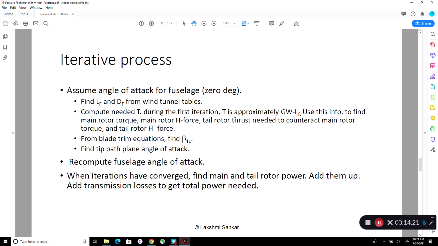So once you know the tail rotor thrust, you trim it as though it's a standalone rotor, and you find a tail rotor H force. And by the way, when you're trimming here, you also get a beta 1c. Once you have the beta 1c, of course you also have the tip path plane angle.